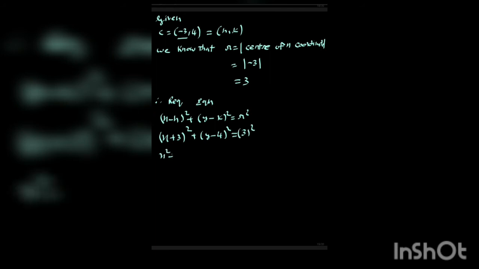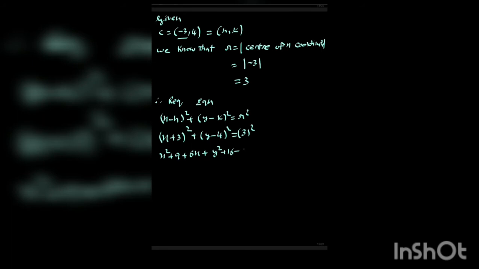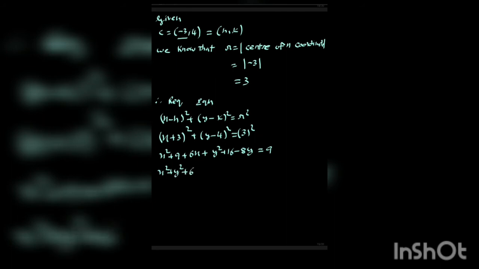So x square plus 9 plus 6x plus y square plus 16 minus 8y is equal to 9. So x square plus y square plus 6x minus 8y, and 9 and 9 get cancelled, so plus 16 is equal to 0. So this is the required equation of circle.